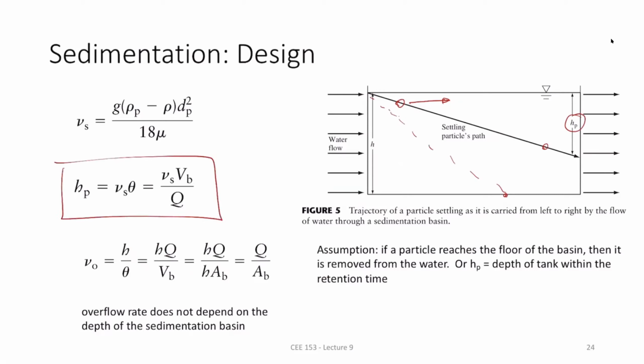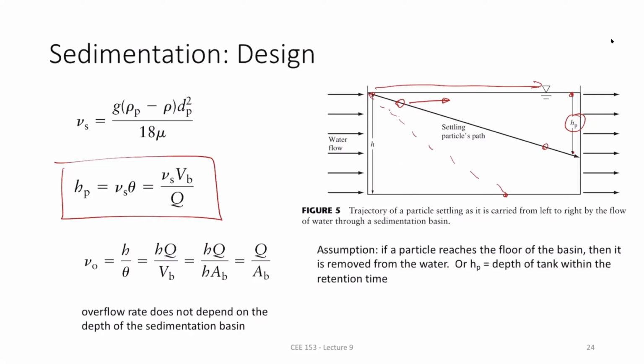Okay, so hp is basically the velocity, because think of it this way: the time it takes from here to here is the same time it takes from here to here. So as it moves this way, the distance it goes that way will be similar.